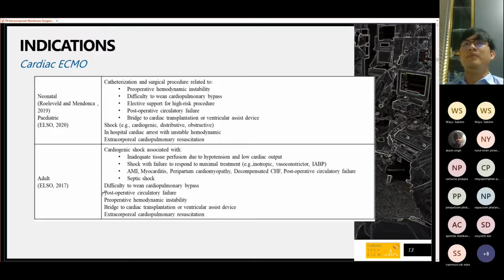So the cardiac Ecmo gonna help people who has a circulatory failure, any circulatory failure that cannot help or cannot using the conventional CPR and the patient come back, or cannot support by using the inotropic or volume loading as the previous treatment.